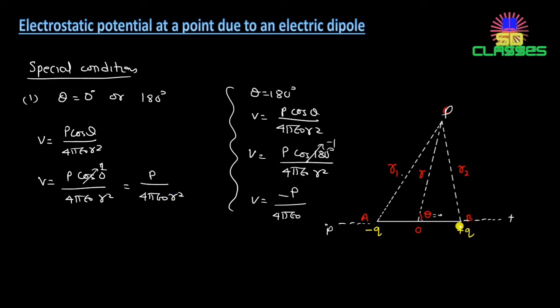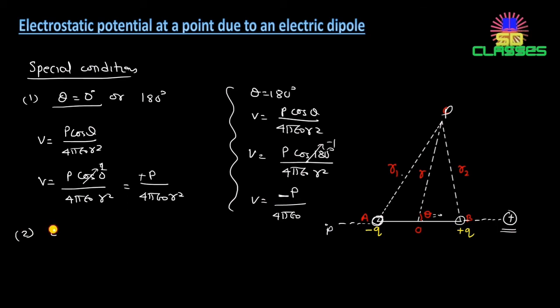You can see that on the right side of the axial line, when theta is 0 degree, V is positive. And on the left side of the axial line, it is negative. Near the negative charge, the potential is negative. Near the positive charge, the potential is positive.